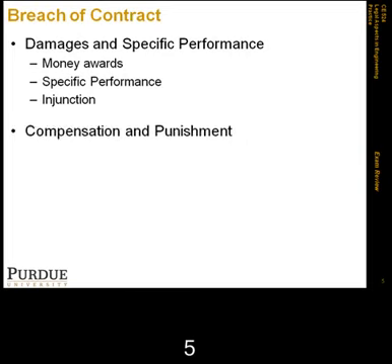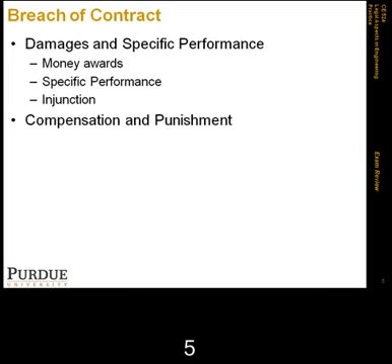We also talked about the difference between compensation and punishment. When we talk about compensation, it's a compensation for some kind of damage that the party lost. Punishment is usually the case where we have one party acting in a way that is viewed as immoral. And common law didn't view breach of contract as an immoral act.